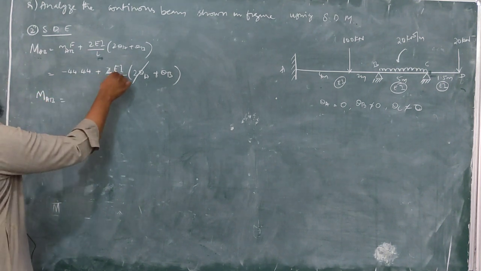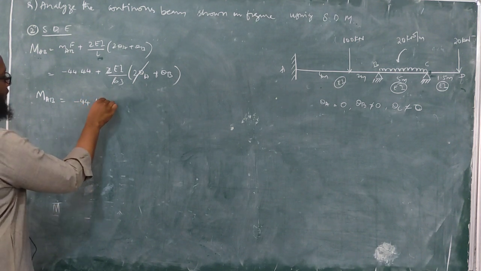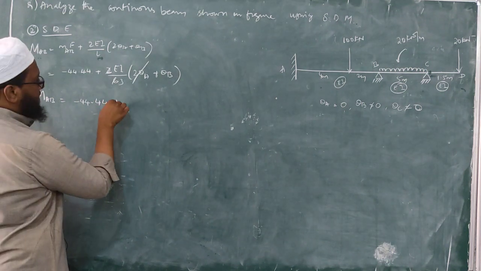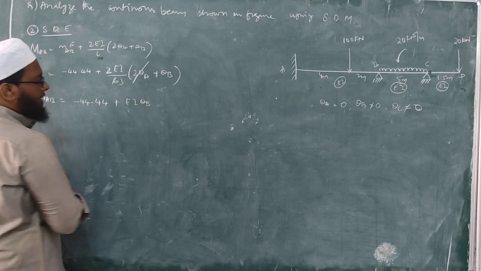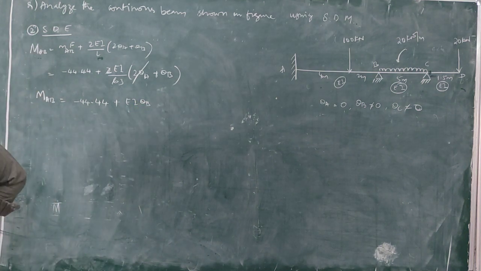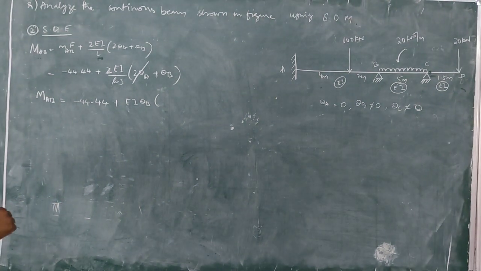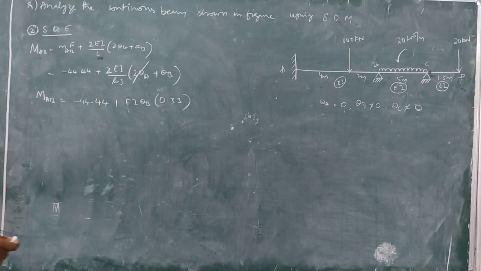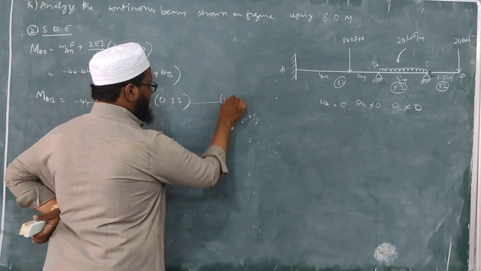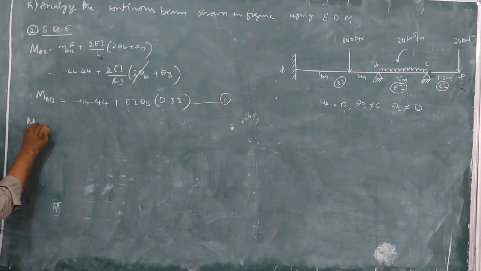MAB equals minus 44.44 plus, 2 ones are 2, 2 threes are, 1 by 3 is how much? 0.33 EI theta B. So I can name this equation as equation number 1, isn't it? Yes. Now I will go for the next part, that is MBA.